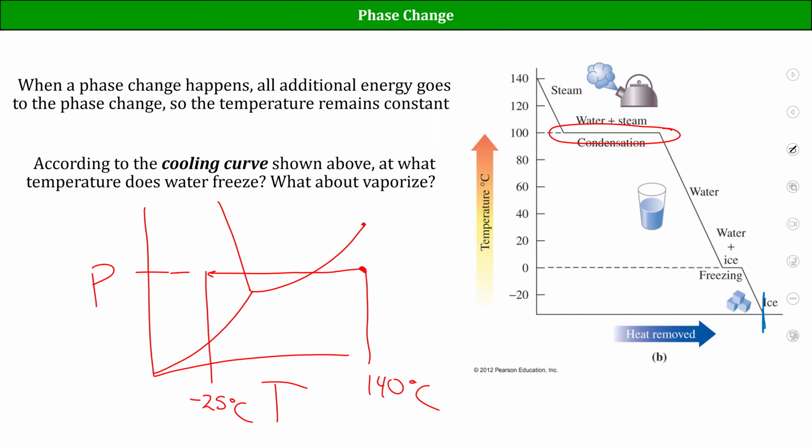Alright, so why are these cooling curves or heating curves all that useful? Because it allows us to break up what's happening into distinct steps that we know how to do the math for. If we want the total amount of energy that's going to be given off from steam at 140 Celsius all the way to ice at -25 Celsius, we can figure out, within sig figs, how much energy that's going to take, because all of these individual pieces we know how to do the math for.